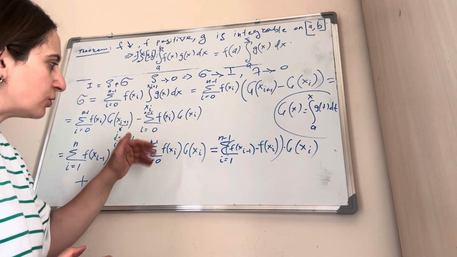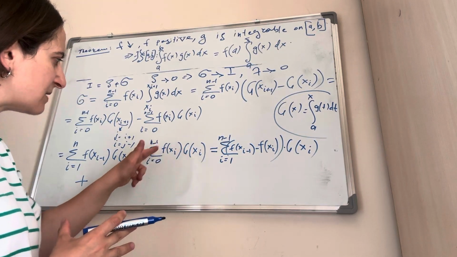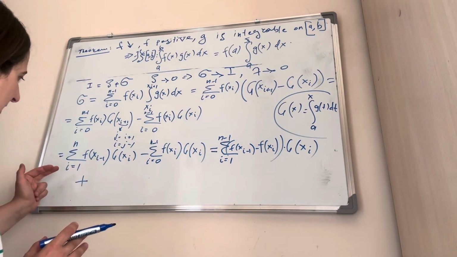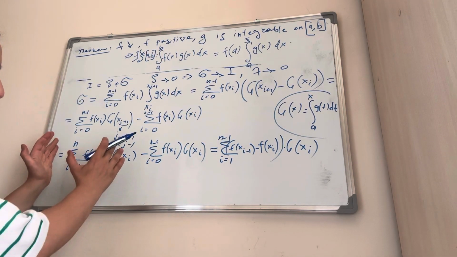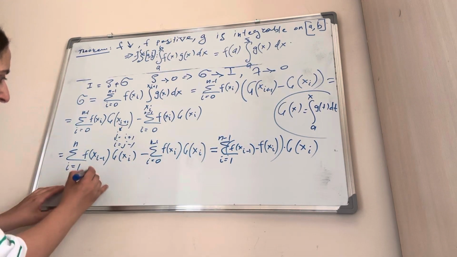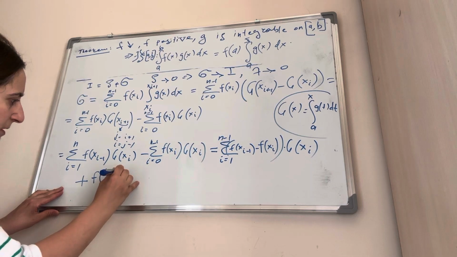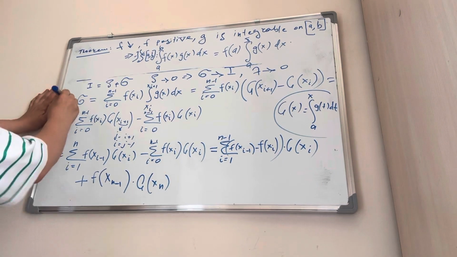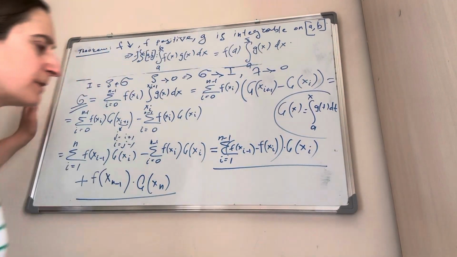But that means we don't need to consider that case. I mean that summand is not considered at all because it is equal to 0. But the summand when we have i equals n in the first component of this expression will be written here. So x_(n minus 1) times G(xn).